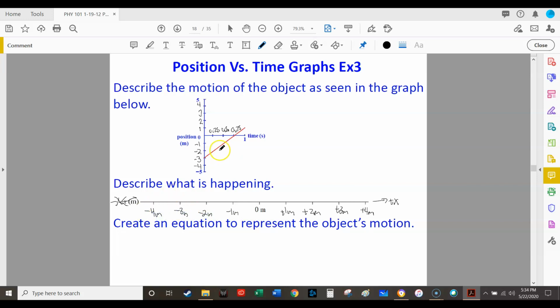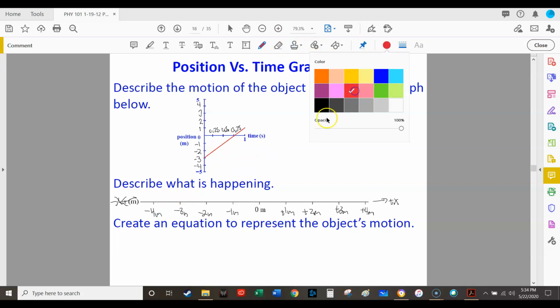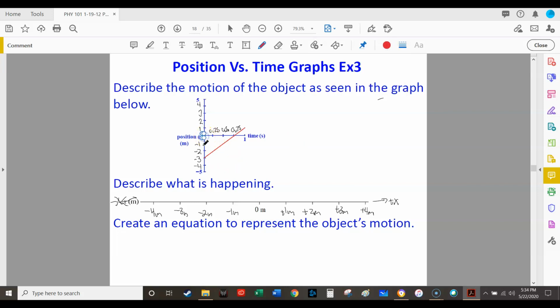Okay, so it looks like the object starts off at time 0, right here. This is time 0. It looks like it starts off at time 0 at the -3 meter mark. So this is the start.